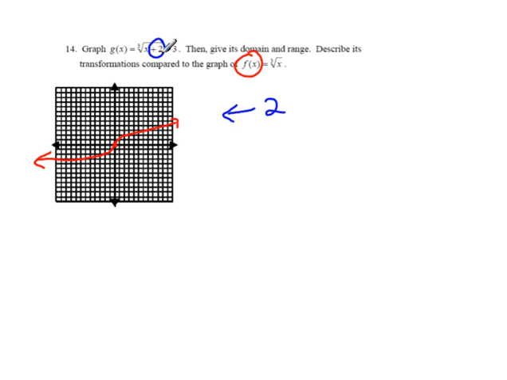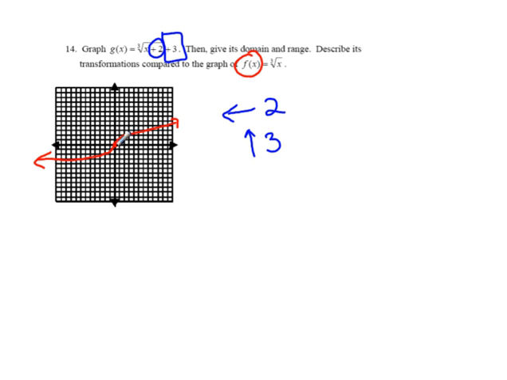The number on the outside tells you whether it's up or down. You do not take the opposite here. You simply go the direction of the sign. Since it says positive 3, that means up 3 units. So your transformation from this graph is to move left 2 and up 3.